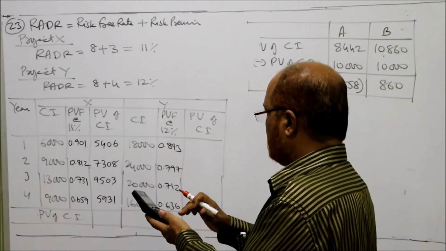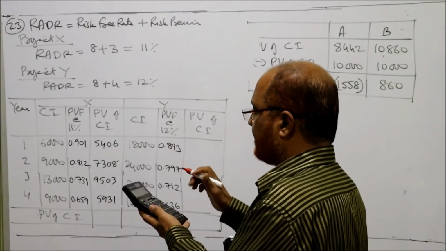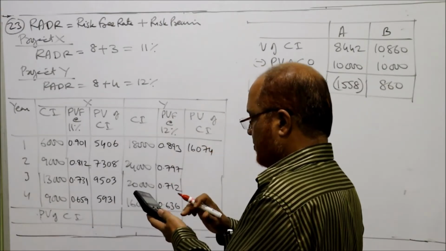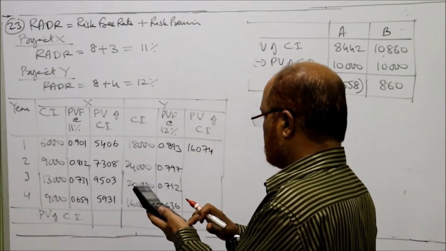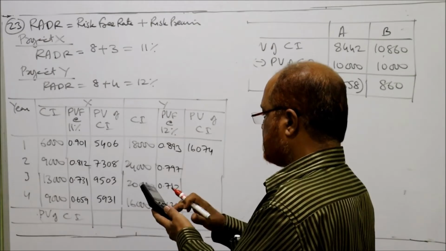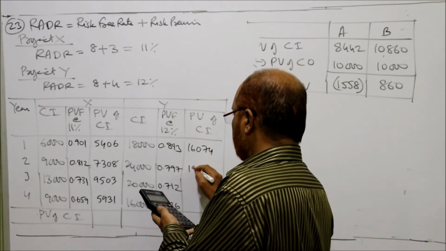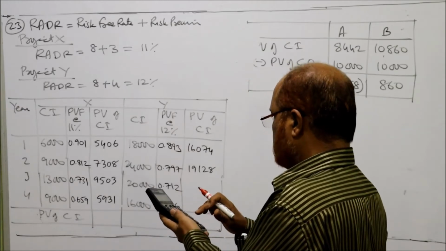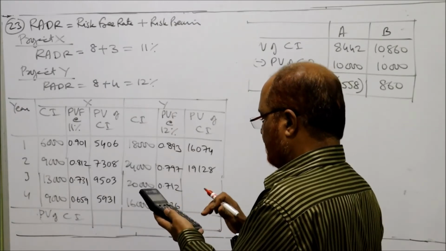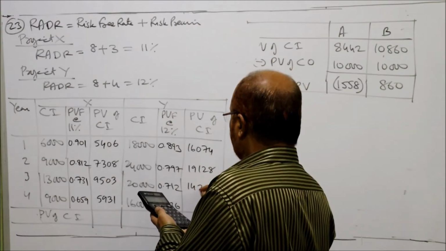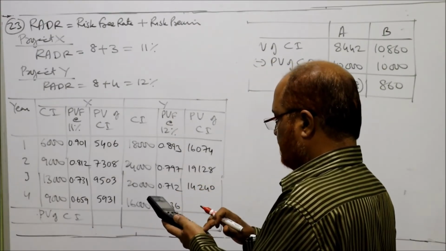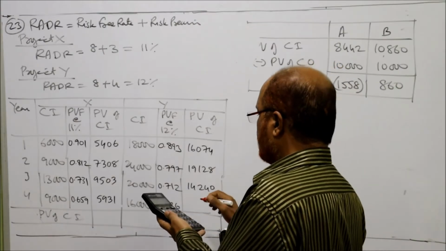Similarly, 18,000 into 0.893. 24,000 into 0.797. 20,000 into 0.712. 16,000 into 0.636.